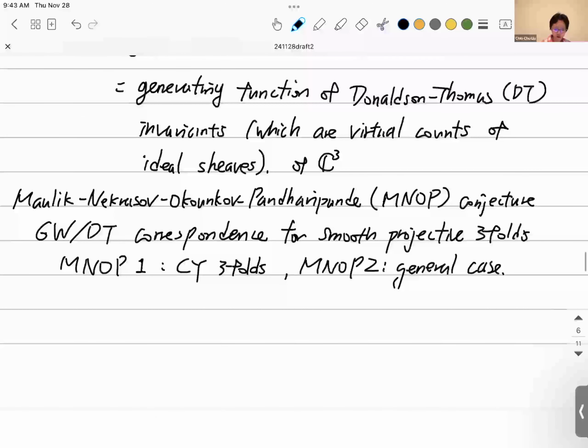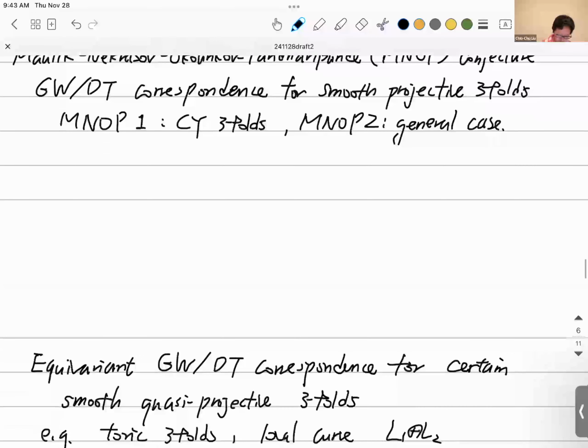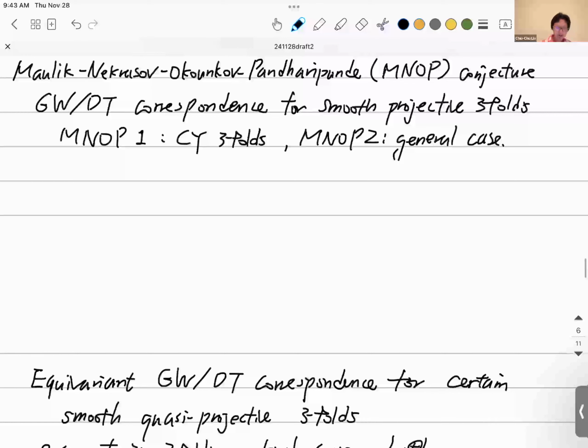But the toric Calabi-Yau threefold is never projective, it's never compact. So they also have an equivariant version: an equivariant Gromov-Witten Donaldson-Thomas correspondence for certain smooth quasi-projective threefolds.